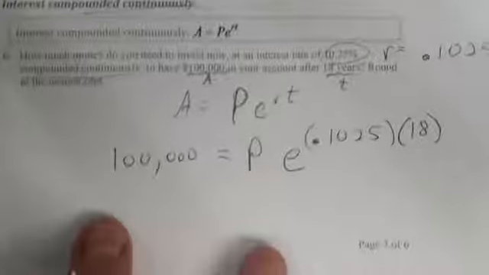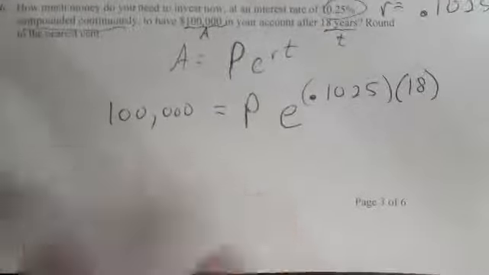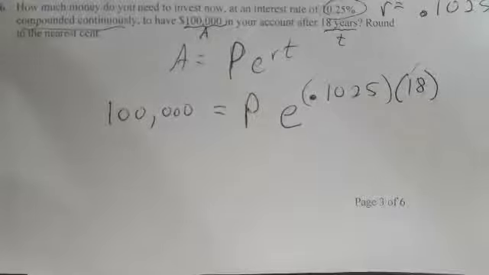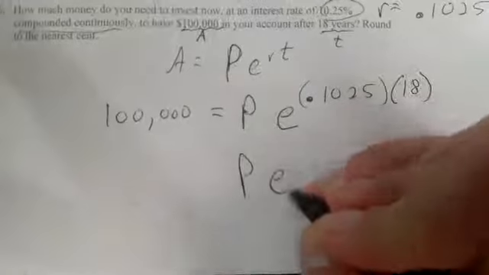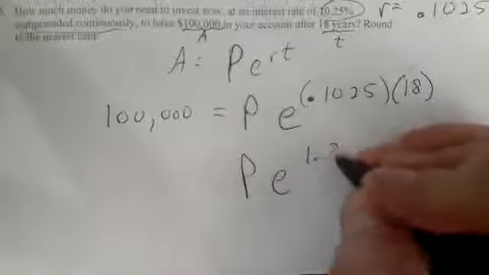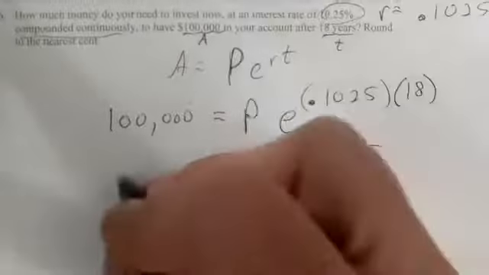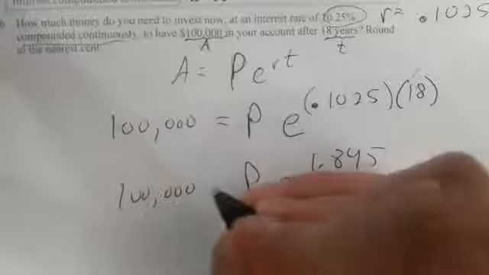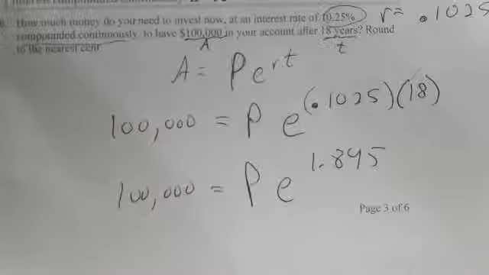So this is 100,000 equals P E to the, okay, so we got to do a little bit of PEMDAS maybe on this. I got to multiply my exponents, 0.1025 times 18. If I multiply those two things together, we get 100,000 equals P E to the 1.845.